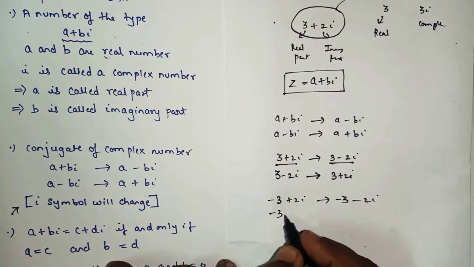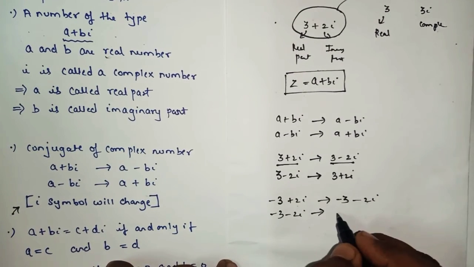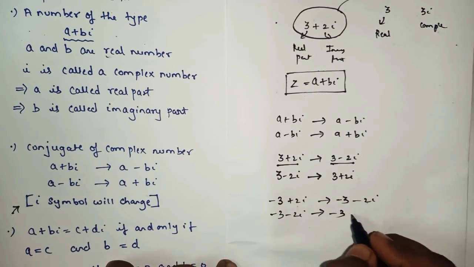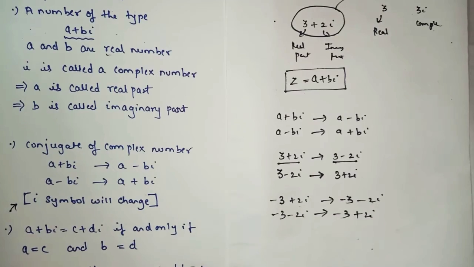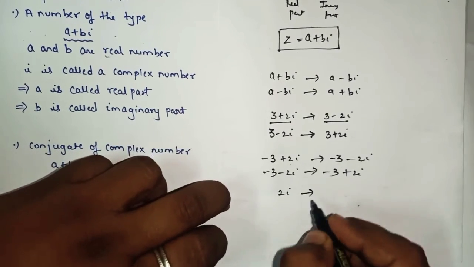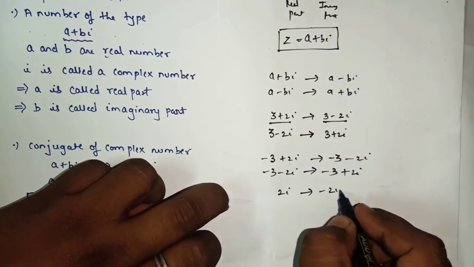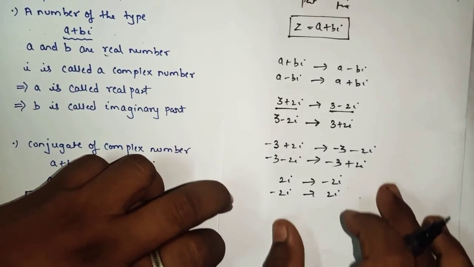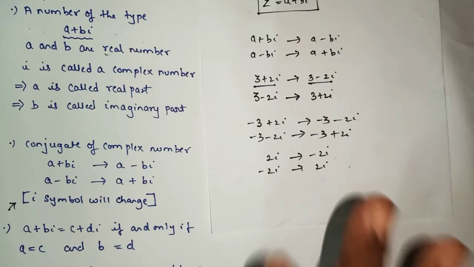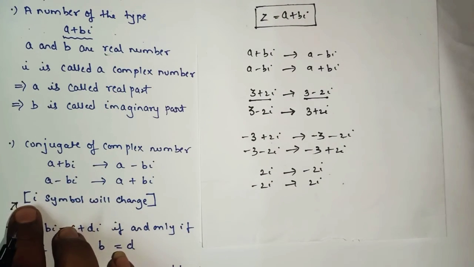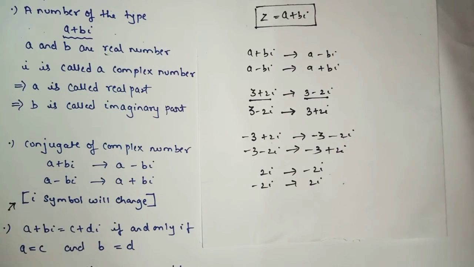If I say minus 3 minus 2i, its conjugate will be minus 3 stays the same, the imaginary part symbol is minus, so it will be plus. In this way you have to find the conjugate. The conjugate of positive 2i will be minus 2i. The conjugate of minus 2i will be 2i. Understood? In simple language, for the conjugate of a complex number you have to change the symbol of i, that's it.